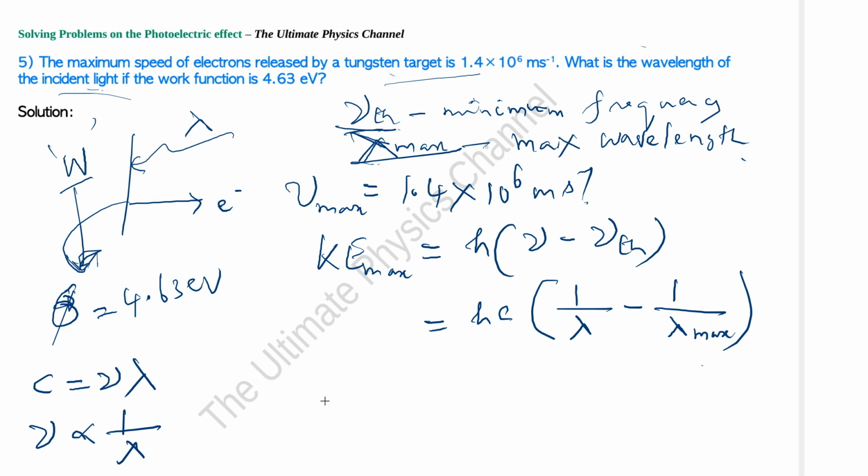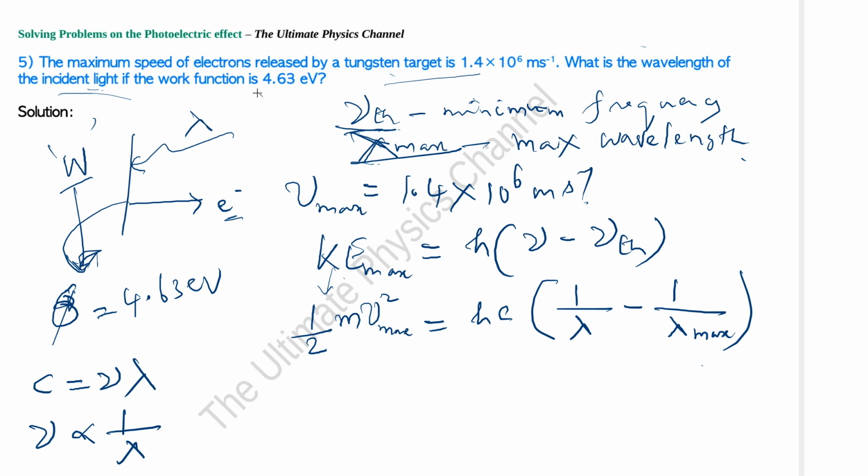Now using this, we can calculate kinetic energy max. KE max can be written as half m v max squared. Of course, we have assumed a non-relativistic speed for the electron, and therefore we are using a classical kinetic energy expression of half m v max squared, and that should be sufficient for this particular case.